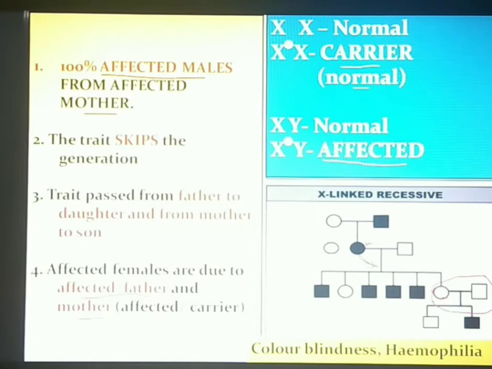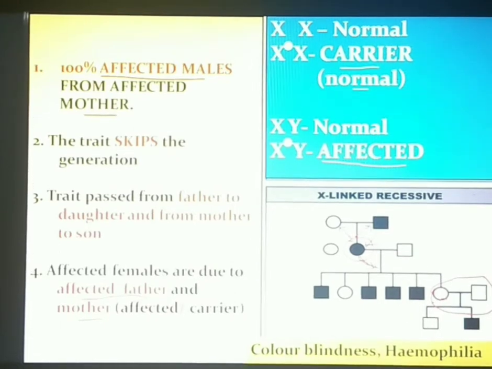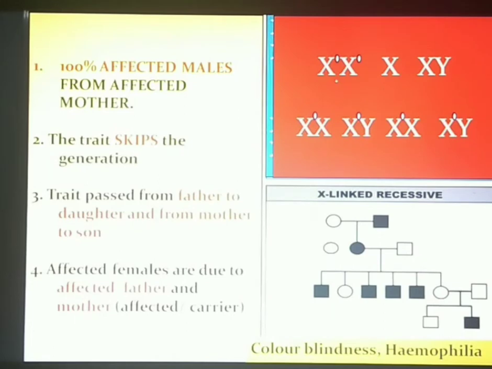That means if a female is affected, it will be due to the father. The father has to be affected, and also the mother, who can be either a carrier of the disease or should have that disease. Here in the cross we can see that the female parent is having the trait.